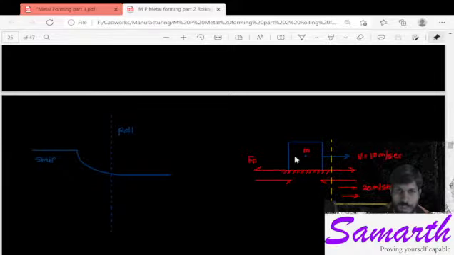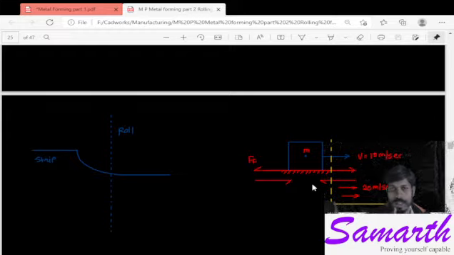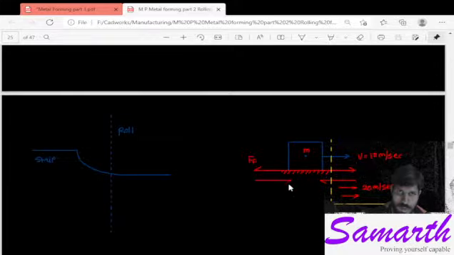The frictional force on the block will be in this direction, whereas on the stationary surface it will be in this direction, opposite to the frictional force of the block.